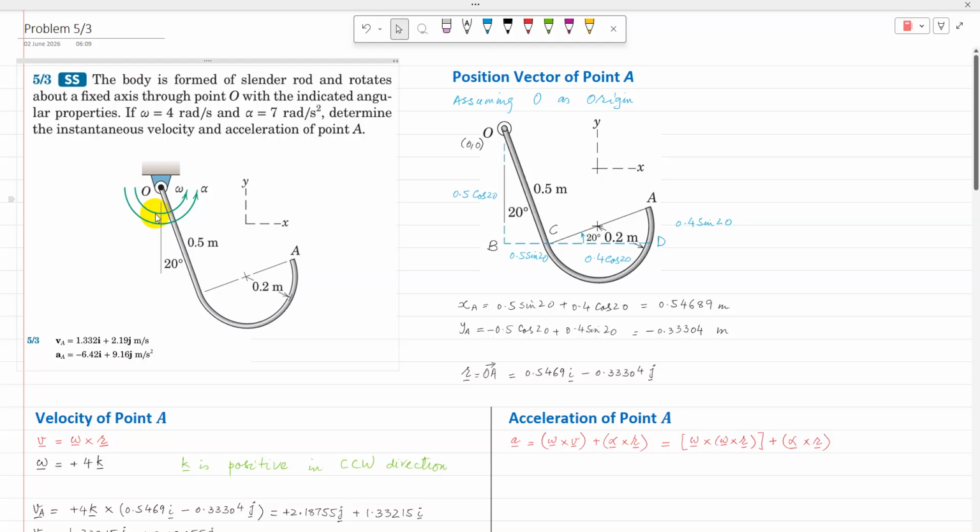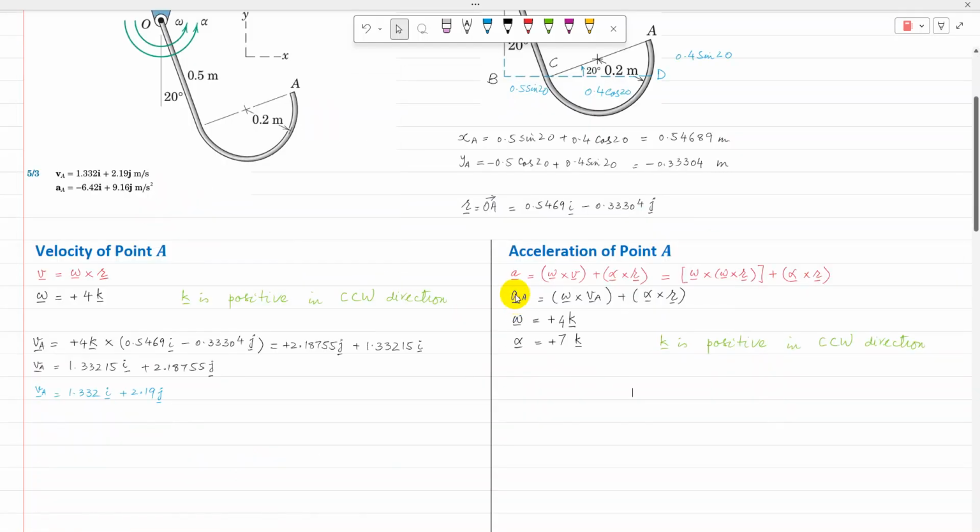Then using the right hand rule, the direction of alpha is plus k. So alpha is plus 4k radian per second squared. This is important. In this problem, both omega and alpha are in positive k direction. So I'm using the equation: acceleration at point A is omega vector cross v_A vector, because the v_A vector is already calculated, plus alpha vector cross r vector.